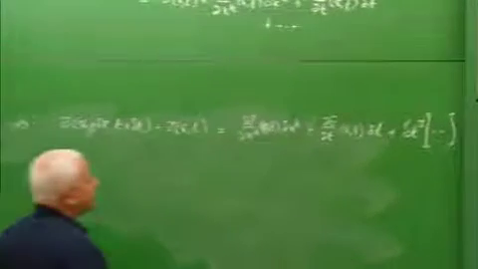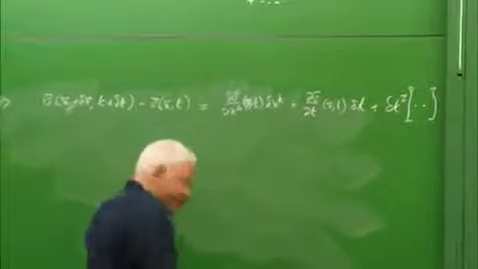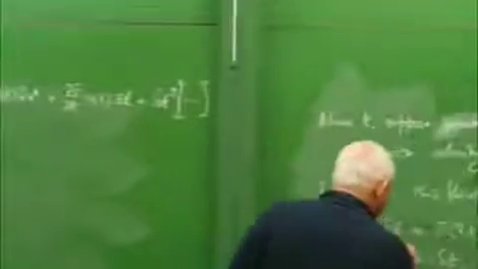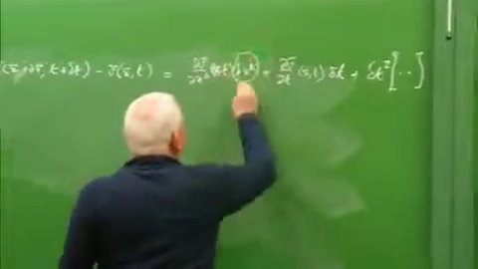So if I now divide, and this delta xk here, I can use the fact that my delta x is related to delta t via the velocity field, and so I can now substitute for delta xk.